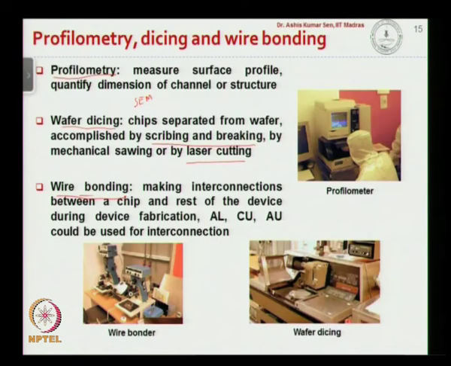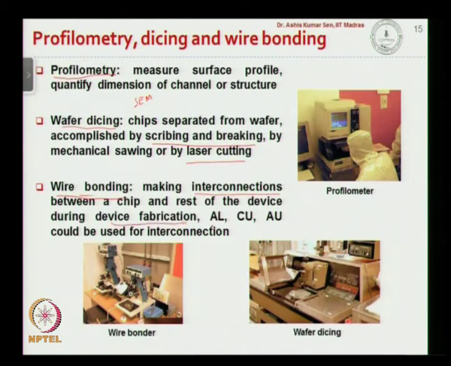Since the dimensions are very small, we may not always be able to use solder, for example. So at such small dimensions with small precision requirements, we use wire bonding. This is used for making interconnections between the chip and the rest of the device during device fabrication.